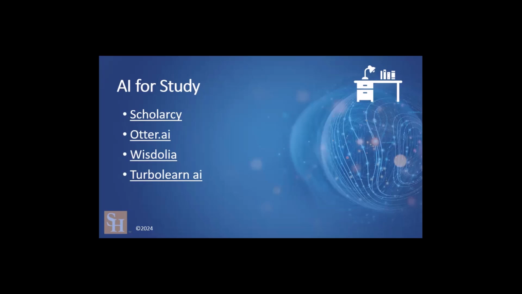So Scholar-C is a pretty cool tool. It's an online article summarizer. It can read your research articles, reports, chapters, and stuff like that, and then break it down into smaller summarized sections. So you can use it to scan a document, and then you can read that summary and tell if that document is pertinent to your research.